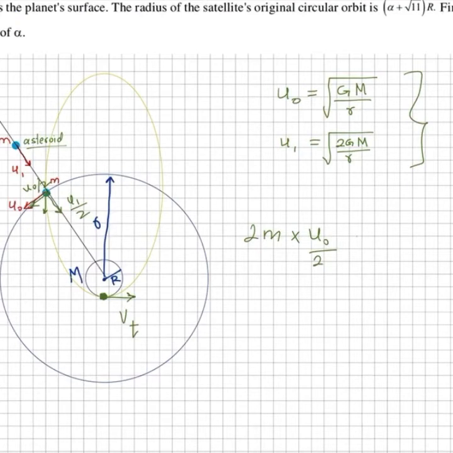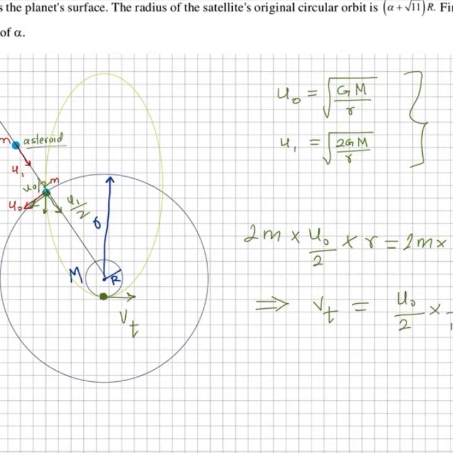So by angular momentum conservation, 2m into u0 by 2 times r will be equal to 2m into vt into R. So from here vt comes out to be u0 by 2 into r over capital R.